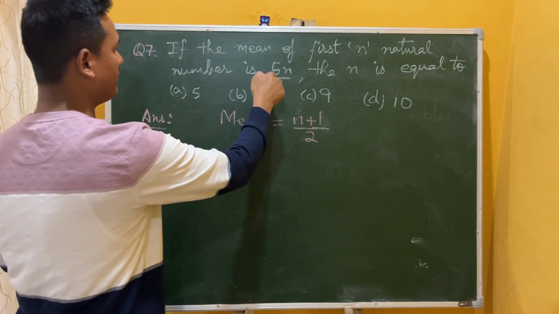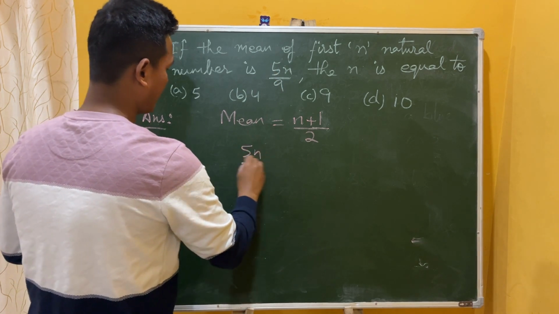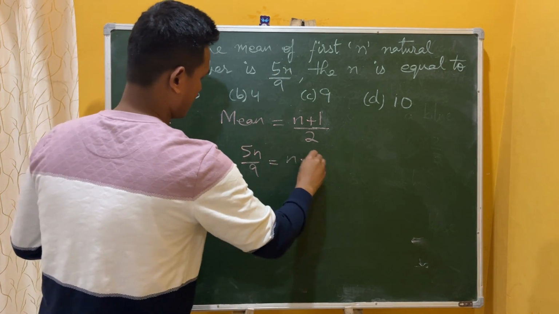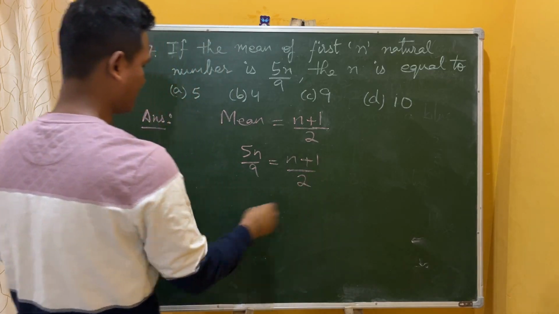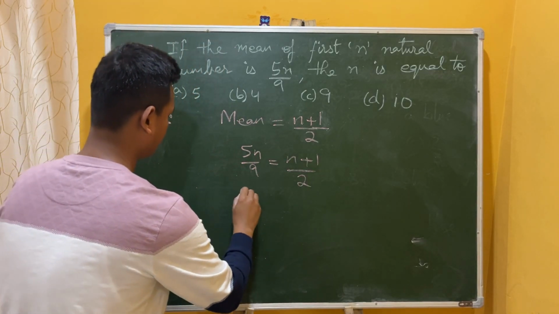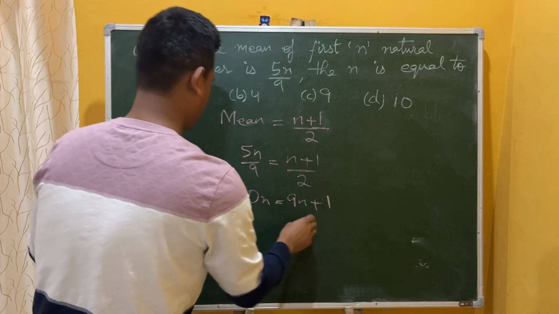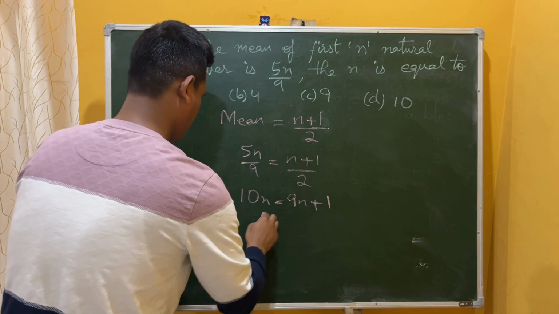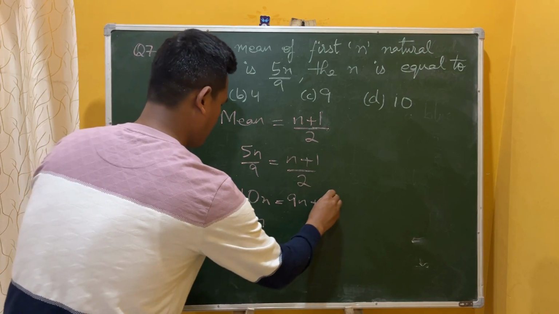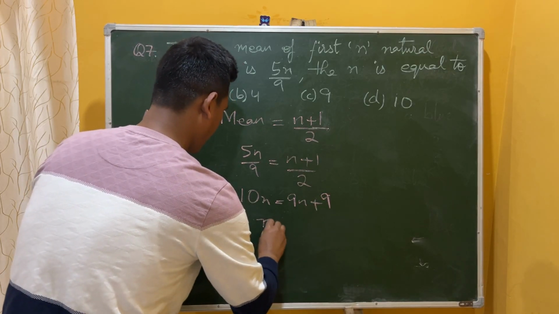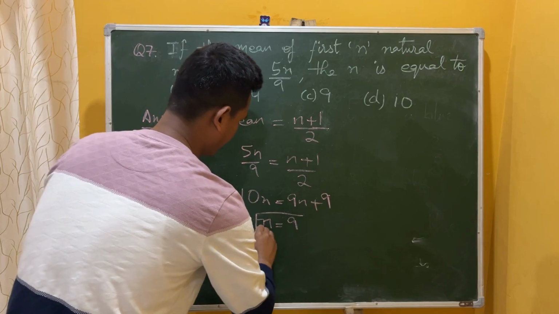So we know mean is given as 5n upon 9. So if you solve this, n equals to 9.